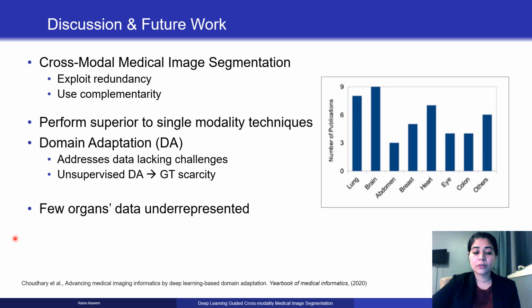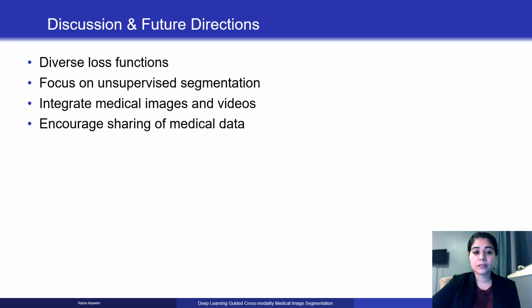From the discussion and the research work discussed in this lecture, we observed that data of some organs is well represented, such as lungs and brain, whereas data of some organs, such as liver, is not well represented. It would be interesting in future to include some diverse loss functions, such as the tumor loss introduced in one of the research works, which is able to retain the structure and contours of tumors during the segmentation and image-to-image translation processes.